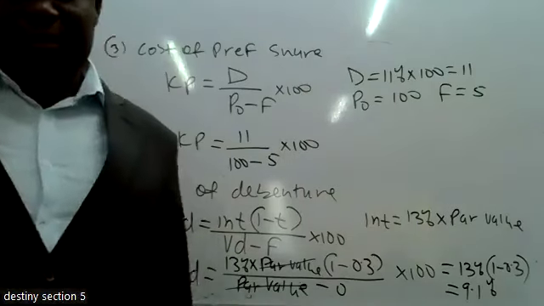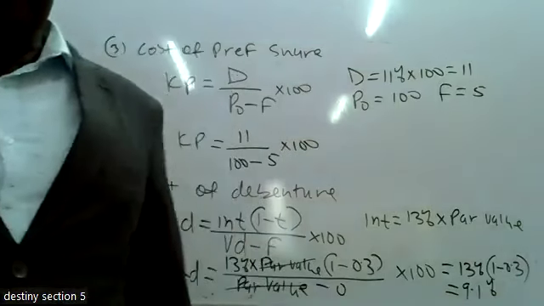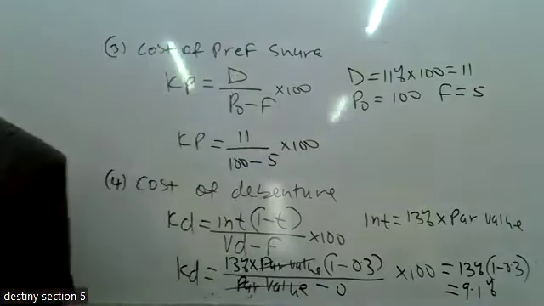From there, you are now supposed to get the weighted marginal cost of capital.